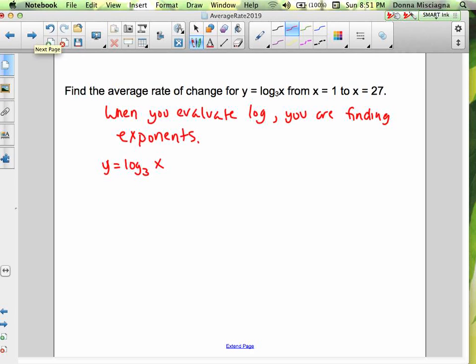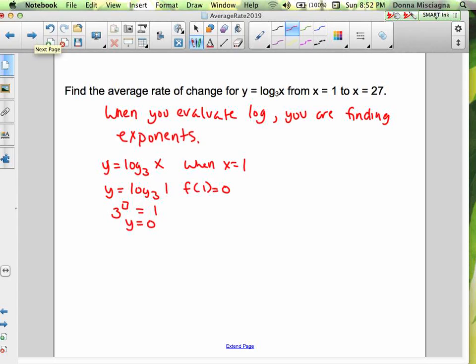When x equals 1, y equals log base 3 of 1. In other words, 3 to what power is equal to 1? Well, 3 to the 0 power equals 1, so y has to be 0. So f of 1 is 0. When x is 1, y is 0.